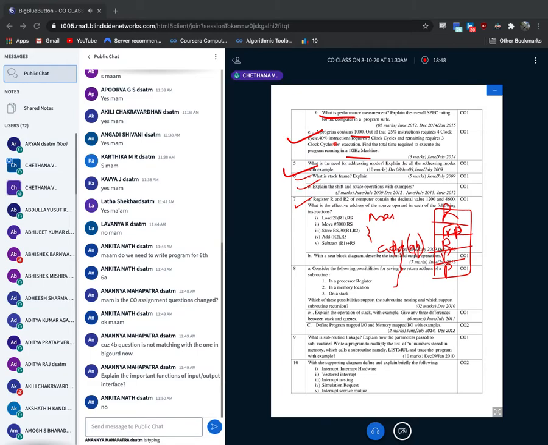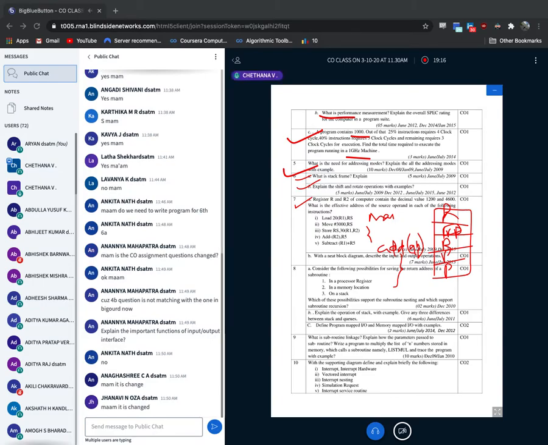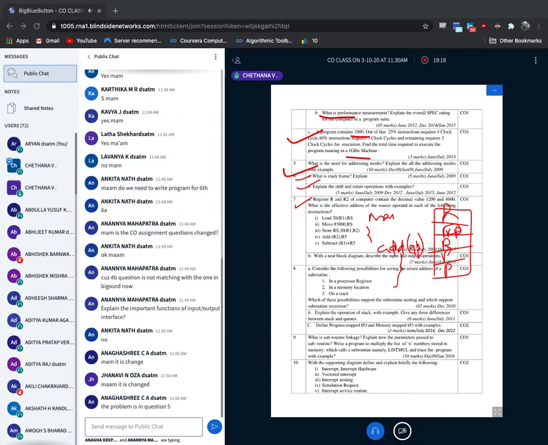Okay. So next, explain the importance of the input-output interface. Which question number is it? I'll come to that. Which question is it?